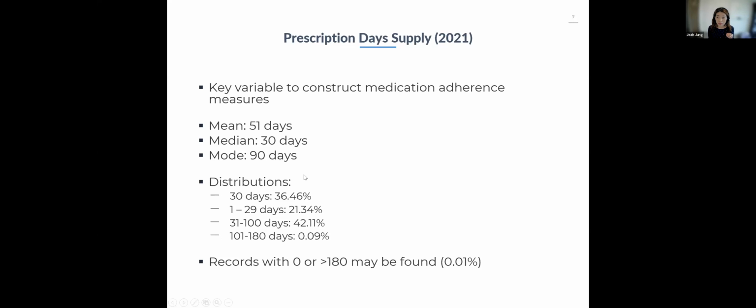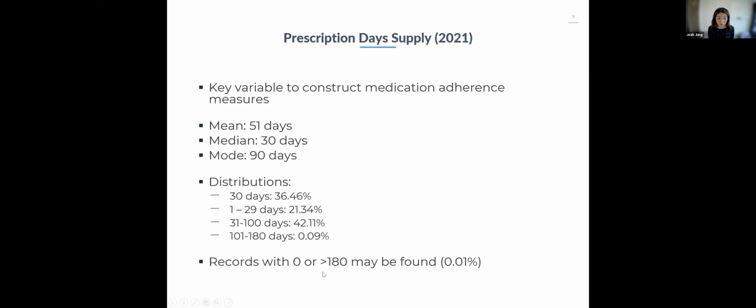This means that 90 days are usually for mail order. So they fill 3 months of supply using mail order. Why mail order? It's a little bit cheaper than filling the prescription at a pharmacy on a monthly basis. And that's why I think mail order filling is increasing now.